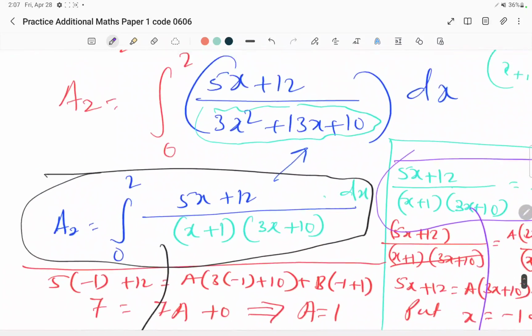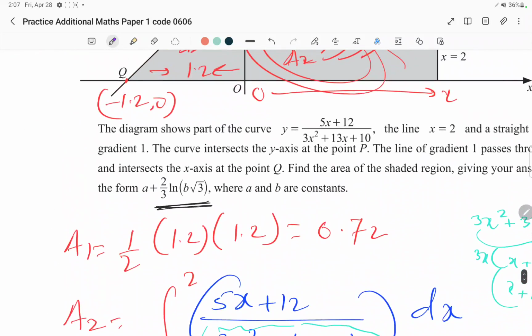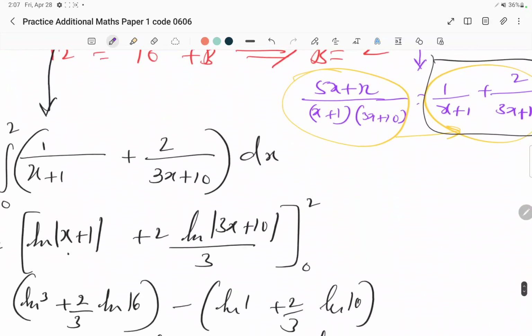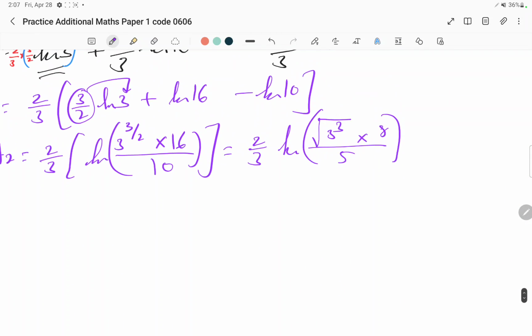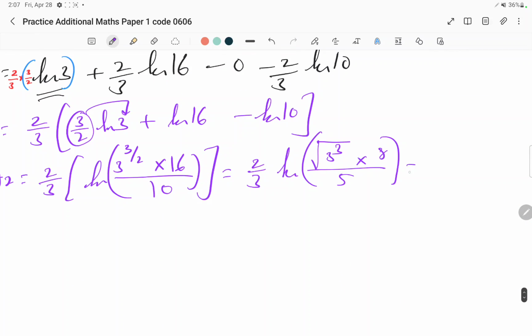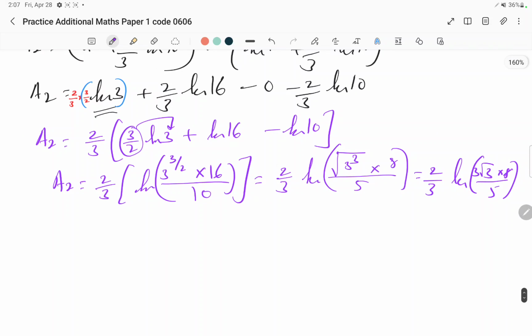Now can we check again in which form we have to write? B root 3. Okay, b root 3, something root 3, right? So this is 2 over 3, and root 3 cube can be written as 3 root 3, then times 8 over 5. We can try a little more here.